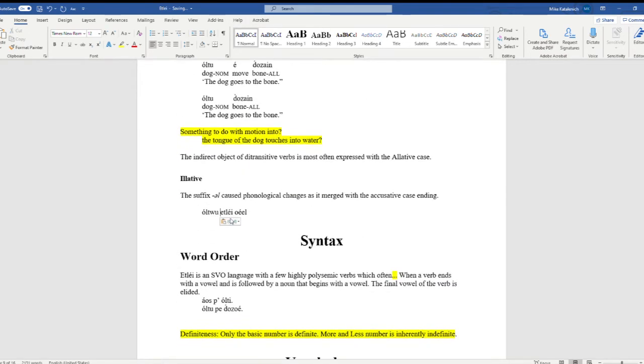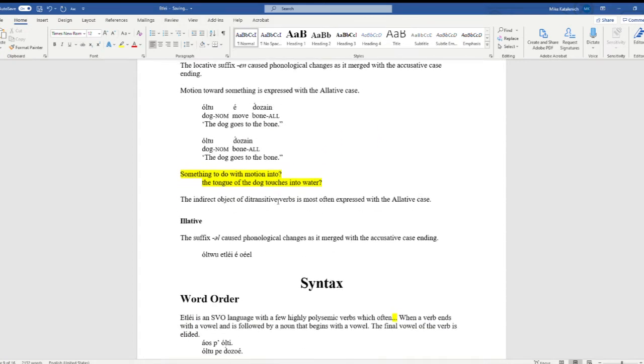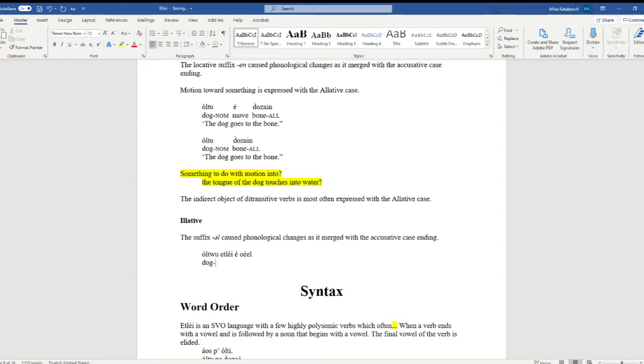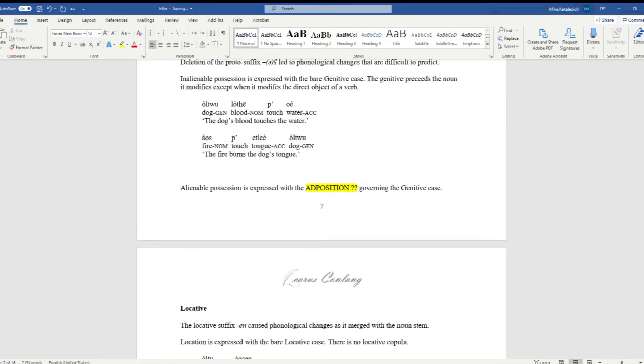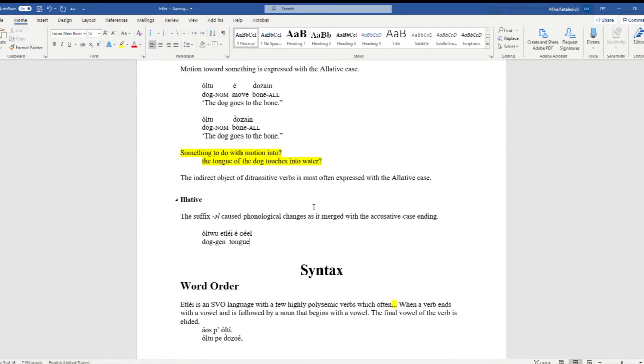Oltu Etlei oel. And technically, there's our verb of motion. So it's going to be dog, genitive, tongue. I don't know, do I need to put nominative in there at that point? I guess I am describing the uses of the cases. Move. And then it's going to be water, illative.